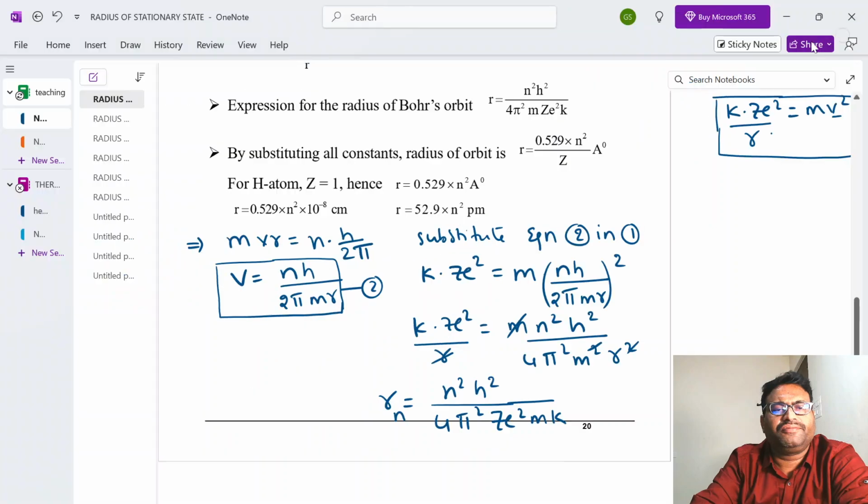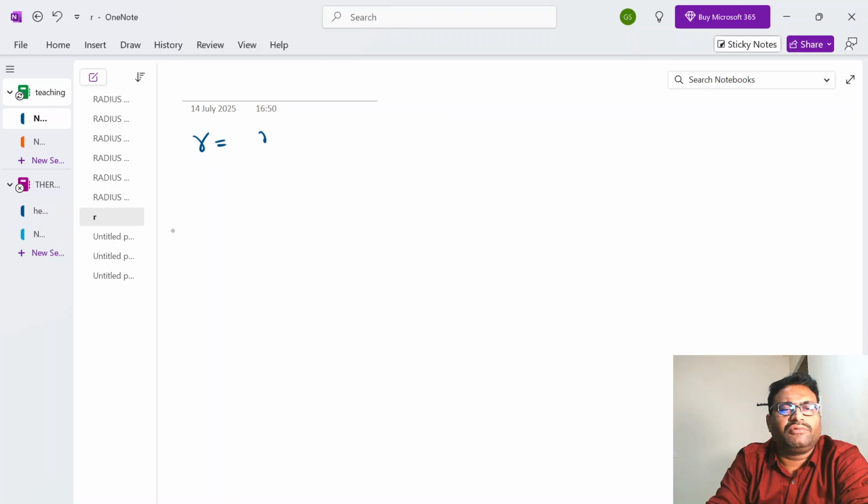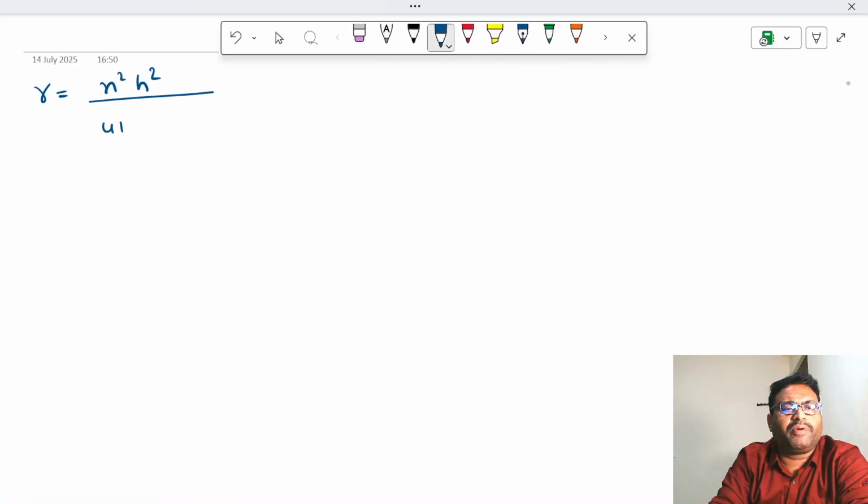What is the formula? Radius R is equal to n square h square by 4 pi square Z square m into k. Right?